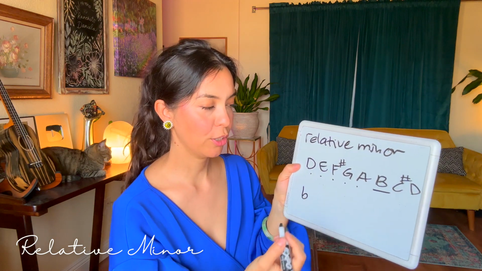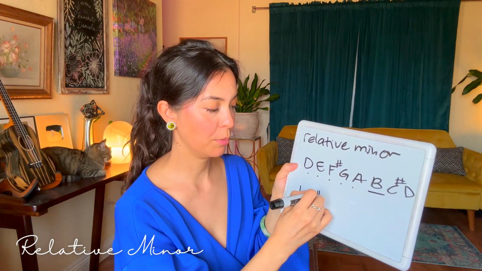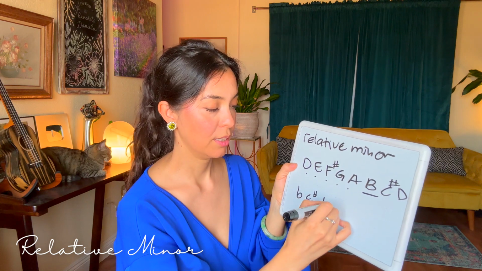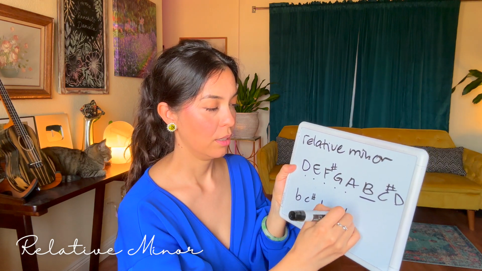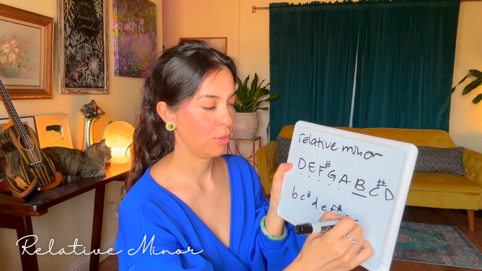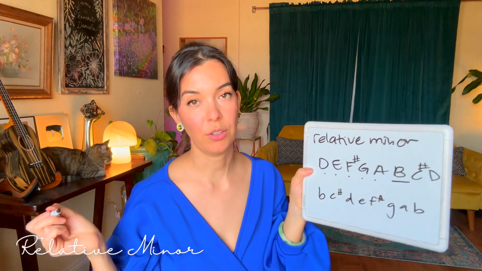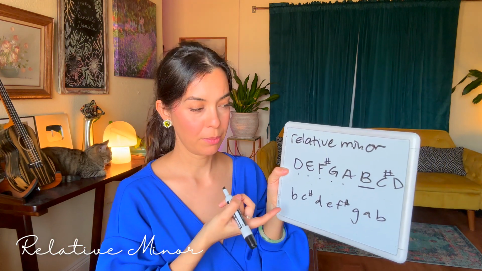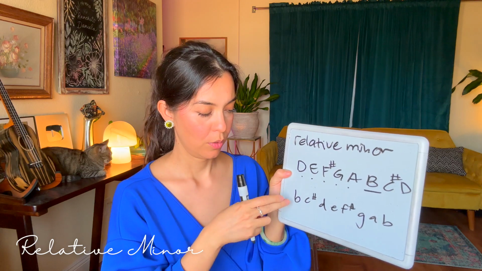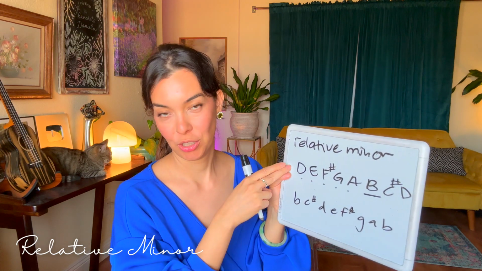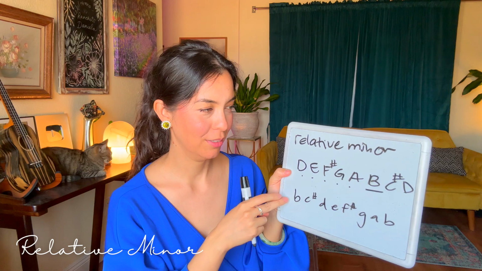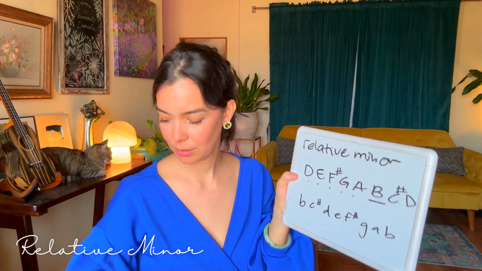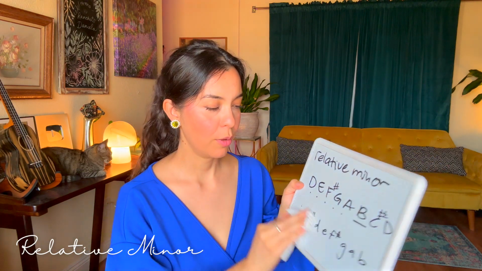So then B minor, you just rewrite it with the same notes, same sharps, same everything. And now you have your relative minor scale, the relative minor of D major. And it goes by the same name when you flip it. This is the relative major of B minor. So these are just relatives. And we needed those to really finish our circle of fifths.